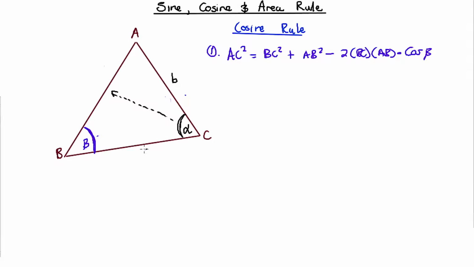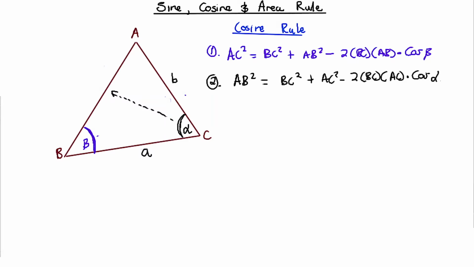You should also have length BC. So number 2, AB can be calculated as AB squared equals BC squared plus AC squared minus 2BC multiplied by AC multiplied by the cos of the given angle.